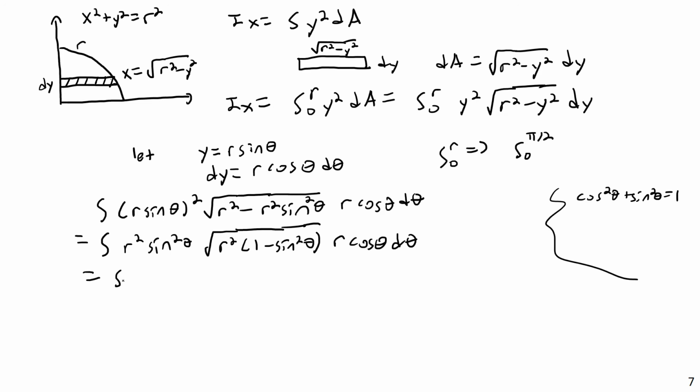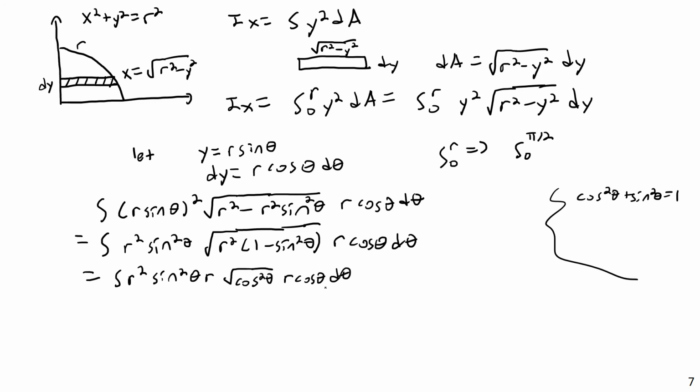So this is then the integral of r squared times sine squared theta times r, pulling the r out of the square root, times cosine squared theta, and then times the same r, cosine theta d theta.